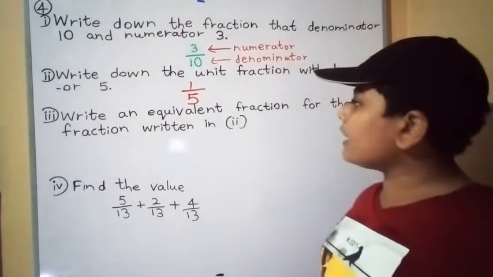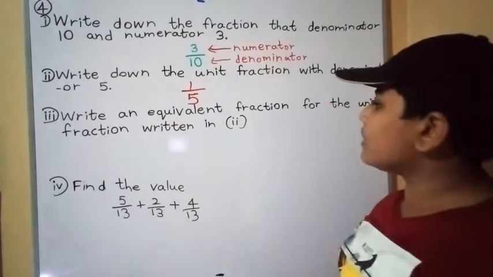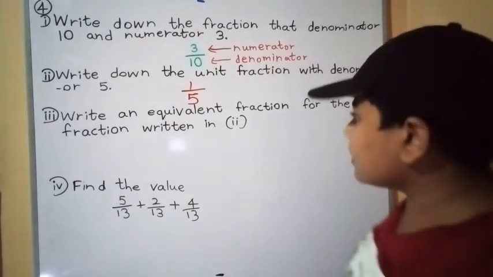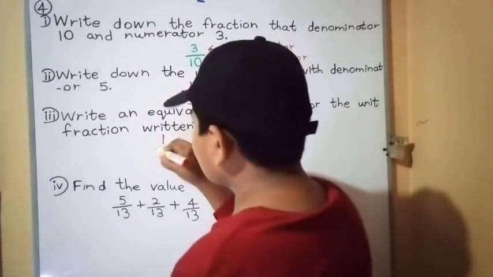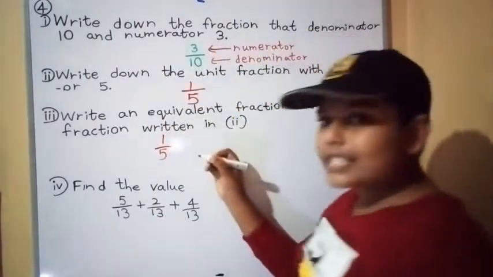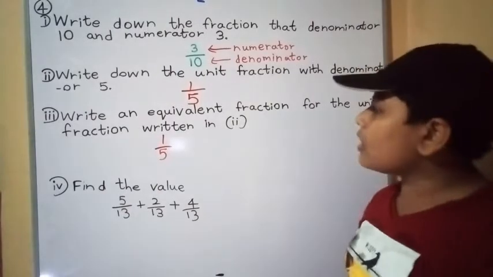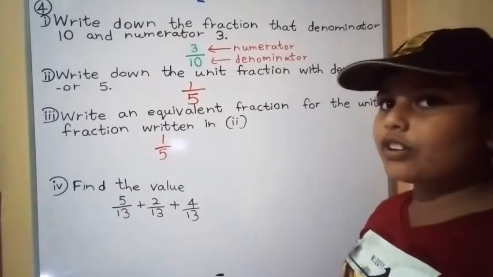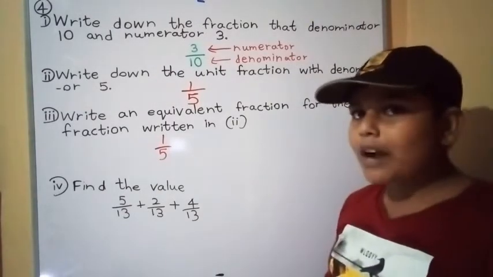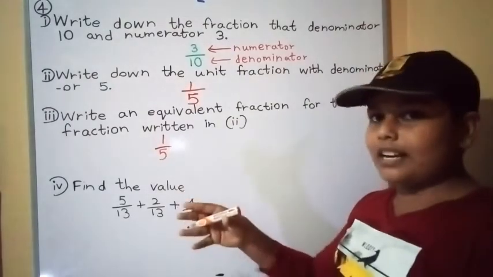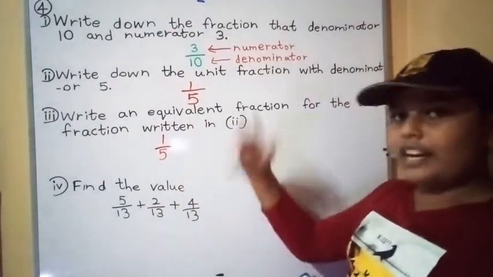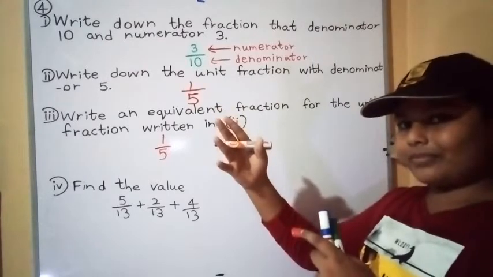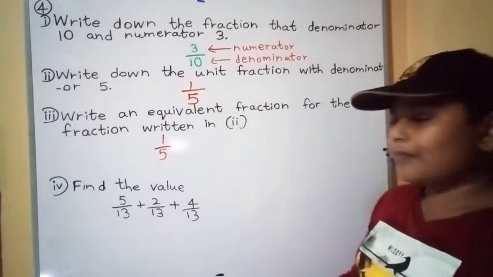Third one, write an equivalent fraction for the unit fraction with denominator 2. This is the fraction with denominator 2. Now what is the equivalent fraction for that? You want to multiply the denominator and numerator by the same number.